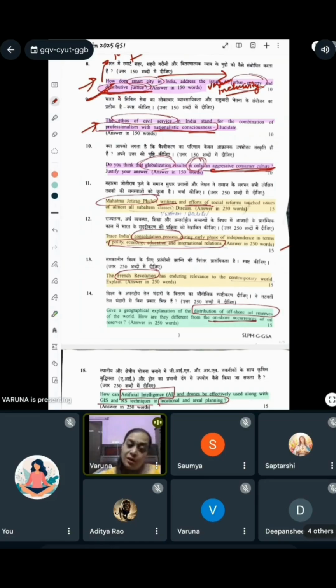Then the time came when the feeling of nationalism was at its peak, and at that time the professionalism and national consciousness were there, and how the civil services actually influenced or impacted people's lives at that time.